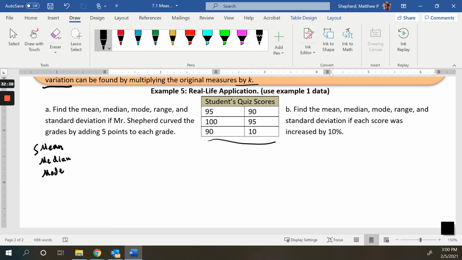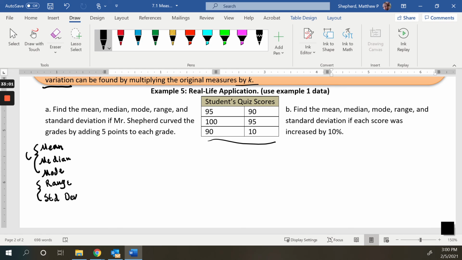Remember, these are the measures of center. And then the range and standard deviation.